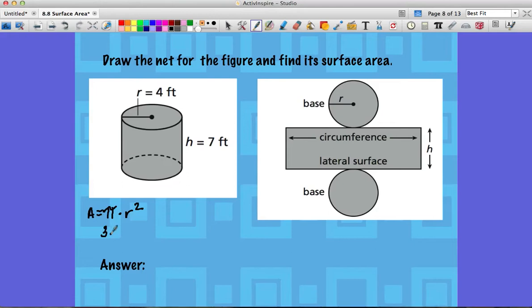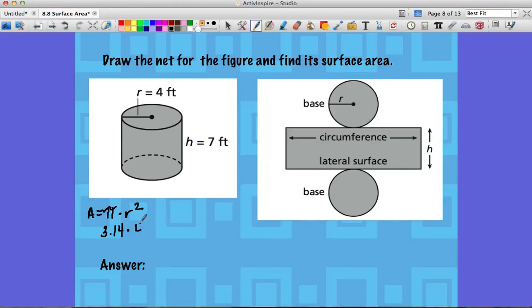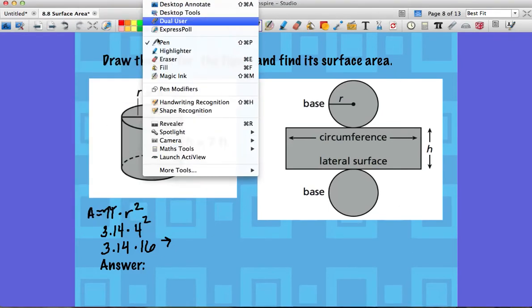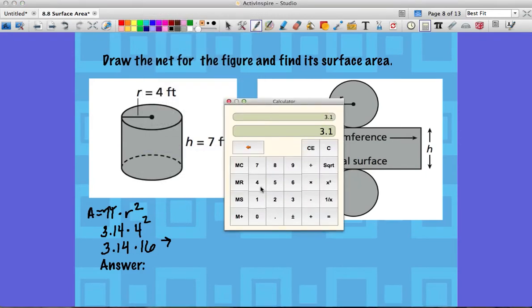So we're going to use 3.14 for pi. 4 is our radius. So we're going to take 3.14 times 16, which gives us, and this is where you can use your calculator, 50.24.